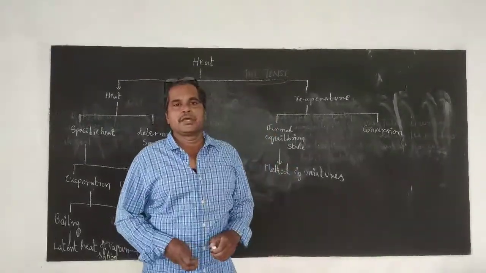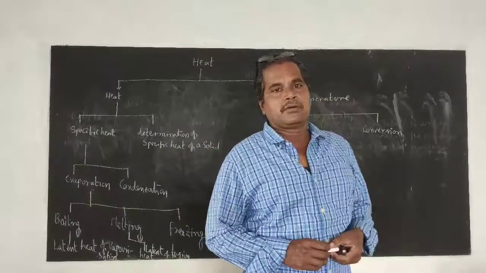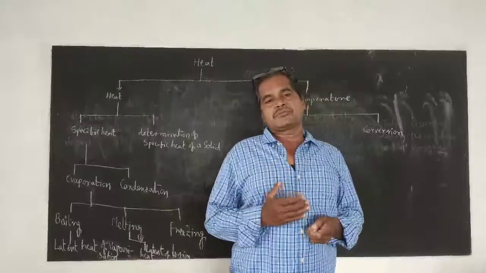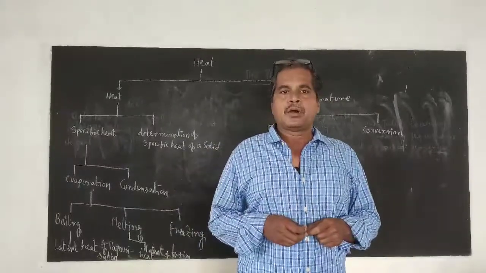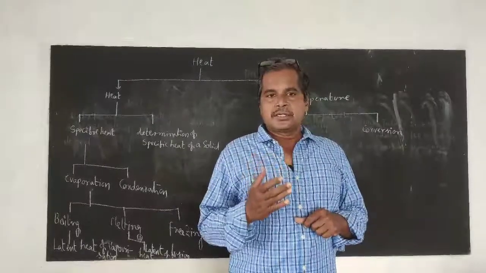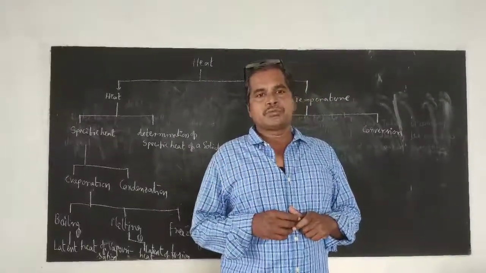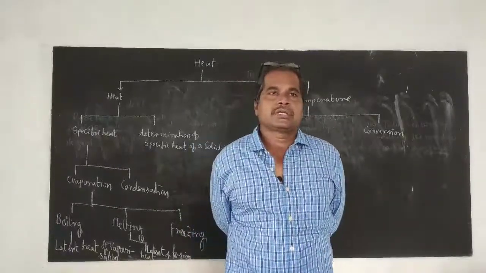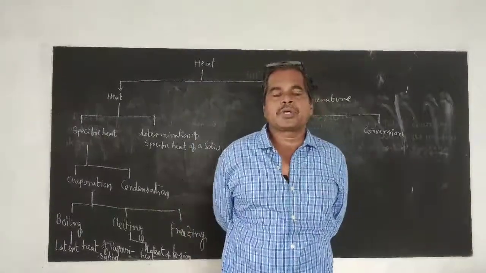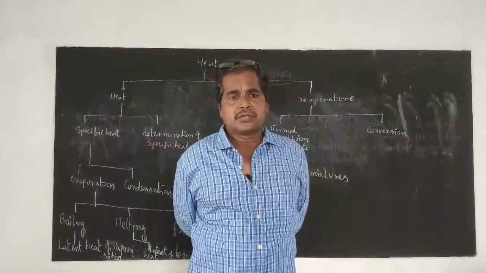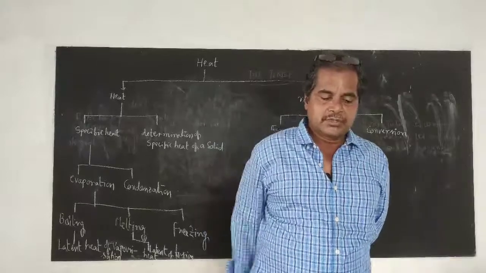So, first, heat. Heat is one form of energy. It transfers from hotter body to cooler body. The unit of heat is calories in CGS units, and in SI method the unit of heat is joules.